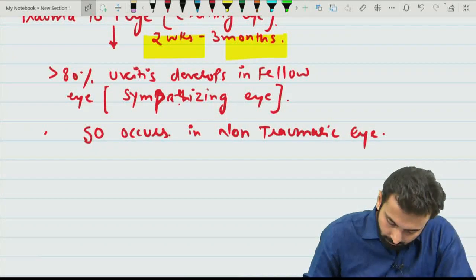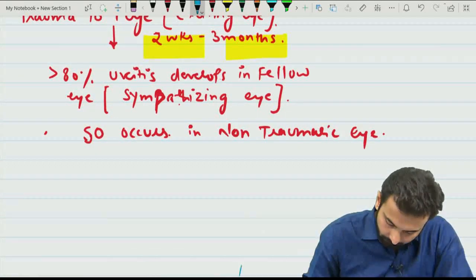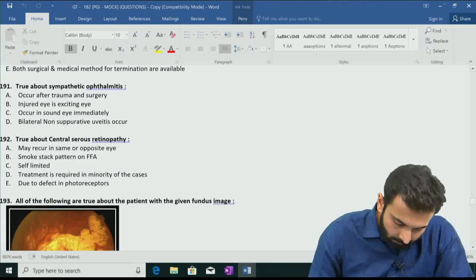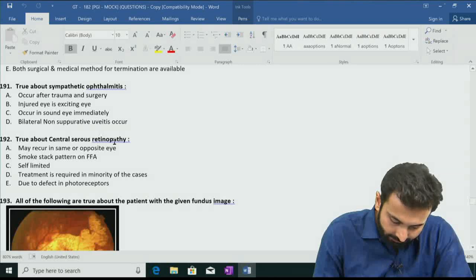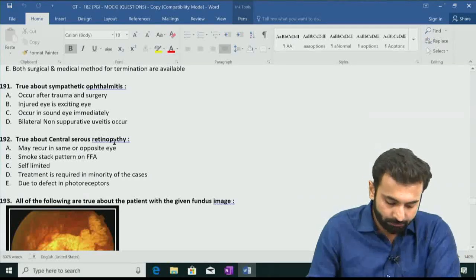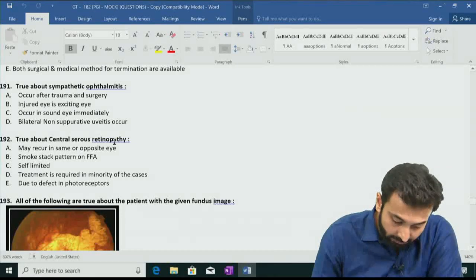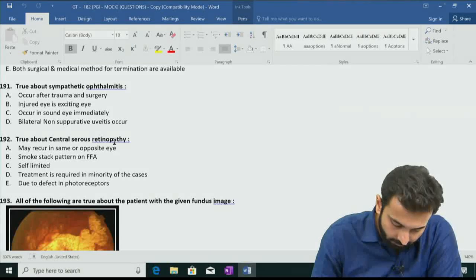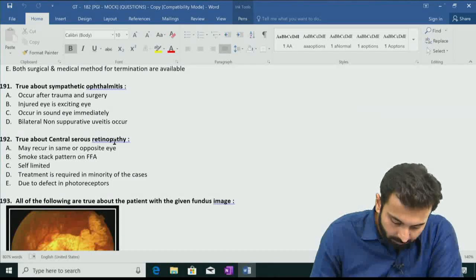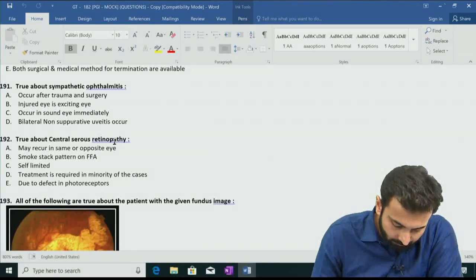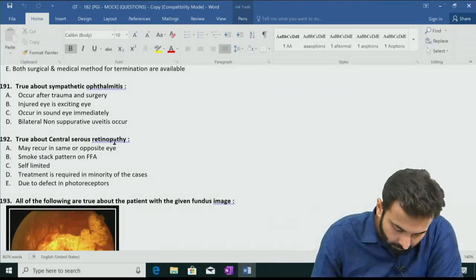Now coming to the next question, 192. True about central serous retinopathy: option A, may recur in the same or opposite eye. Yes, this is true. B, smokestack pattern on FFA is seen. Yes, this is also true. C, it is self-limited. True.